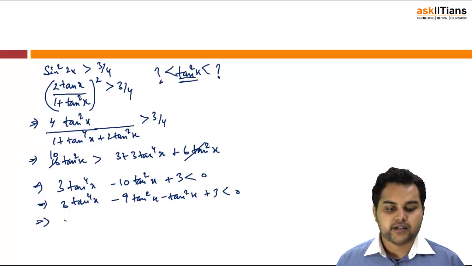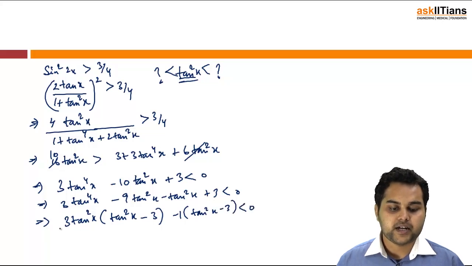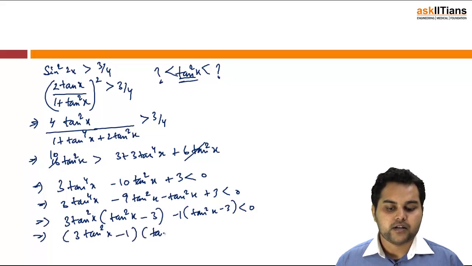Solving it further, I take 3 tan square x common, so I am left with tan square x minus 3, minus 1 common, tan square x minus 3, and I would be getting the factors (3 tan square x minus 1) and (tan square x minus 3) less than 0.